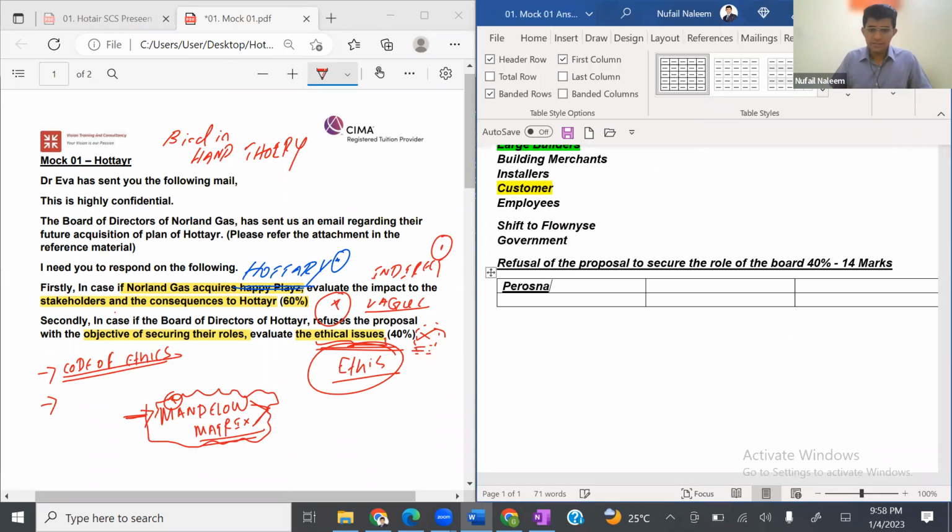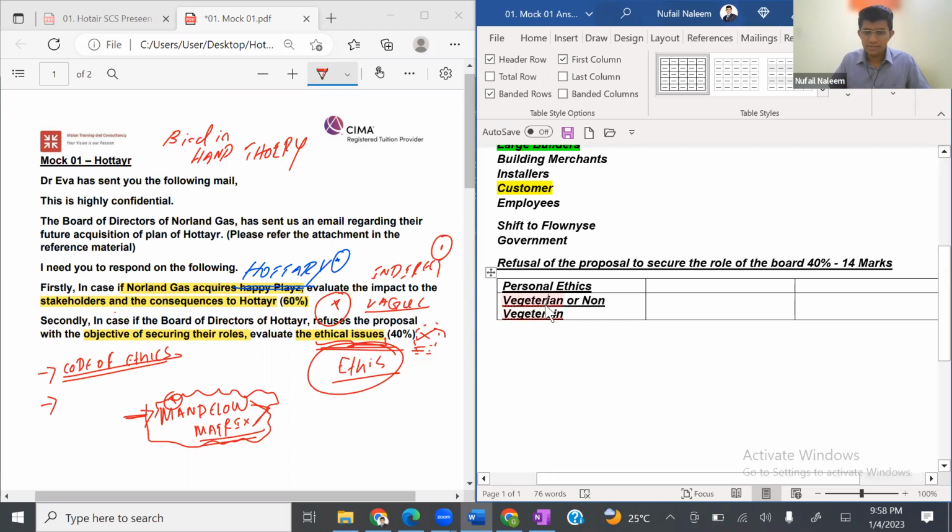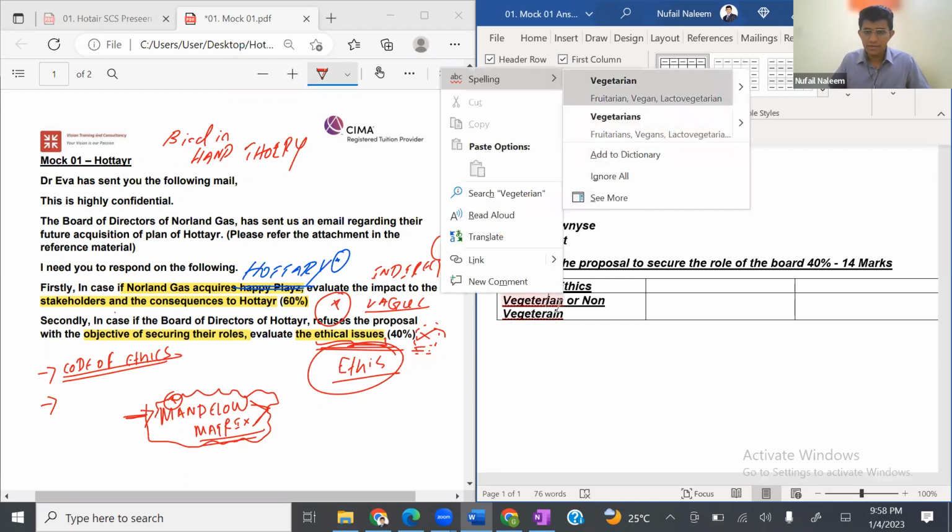One is known as personal ethics. Personal ethics also comes into the exam. Personal ethics means one person will be vegetarian or one person will be non-vegetarian, correct? So vegetarian and non-vegetarian, if I'm not mistaken, students, is that a personal issue, students? Yes or no? Completely right, students.